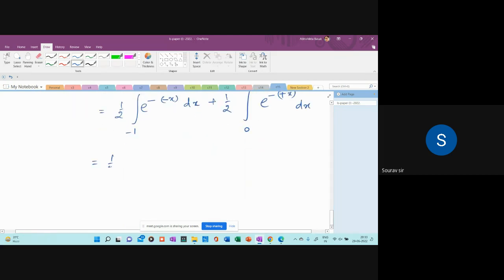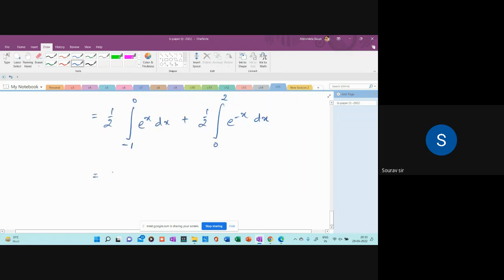Okay, so half into the integral from minus 1 to 0 of e to the power x dx, plus half into the integral from 0 to 2 of e to the power minus x dx. It's pretty easy, the rest of the calculation. So e to the power x from minus 1 to 0, plus half e to the power minus x with a minus 1 outside, from 0 to 2.